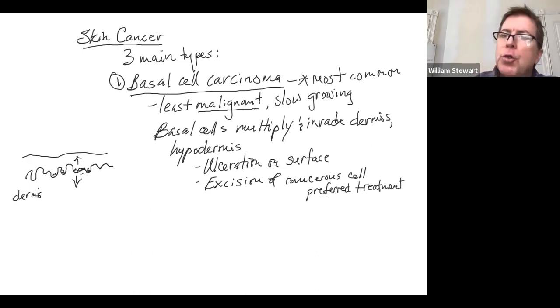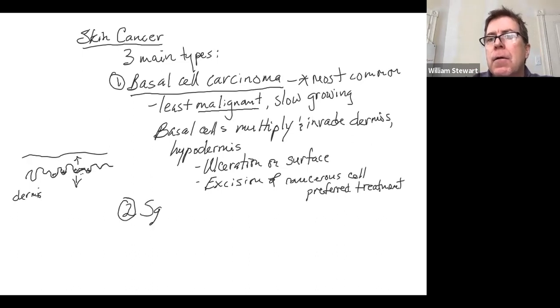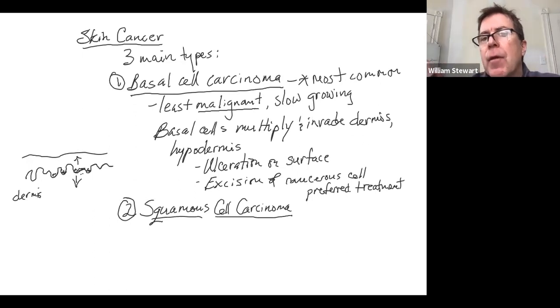Right, number two, the second major type of skin cancer is squamous cell carcinoma. Remember, squamous means flat. We learned that a couple units ago. So what's happening is the flatter cells higher up in the epidermis up here are the cells that are cancerous.